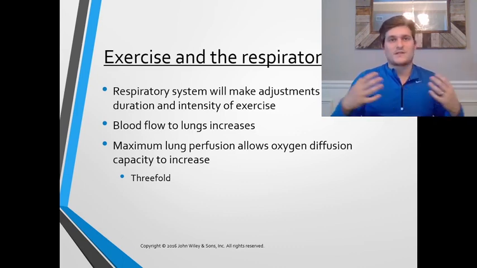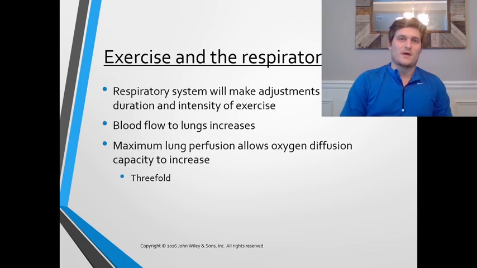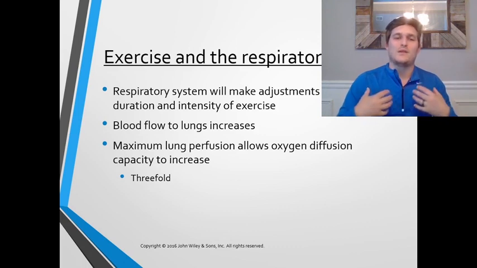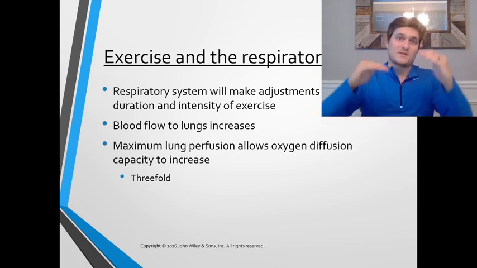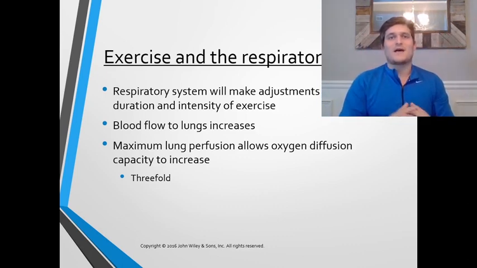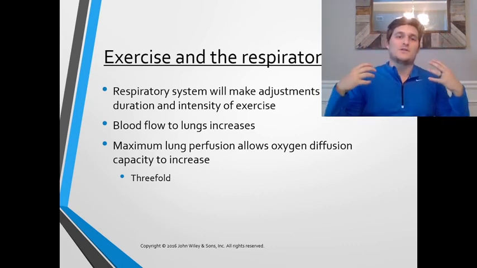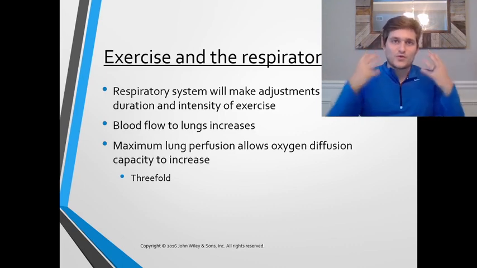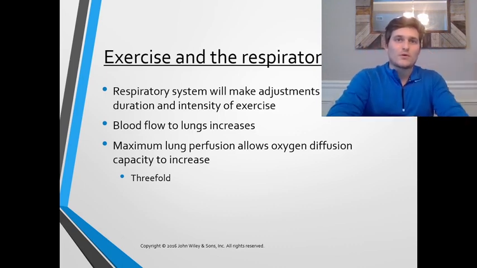And so we see greater contractions of these respiratory muscles, and also an increase in blood flow to the lungs. This helps to match the perfusion and ventilation ratio, which allows for more oxygen diffusion into the blood. Then we can use that oxygen to create more ATP and more contractions of our heart and our skeletal muscles.